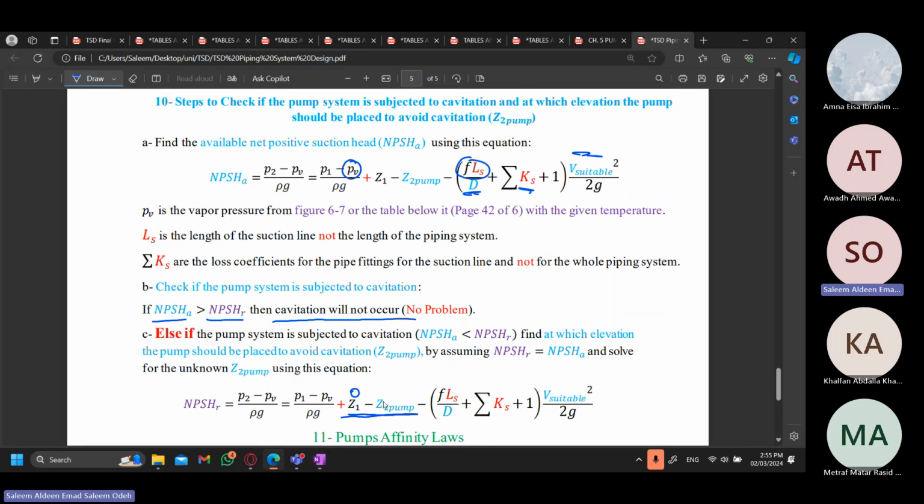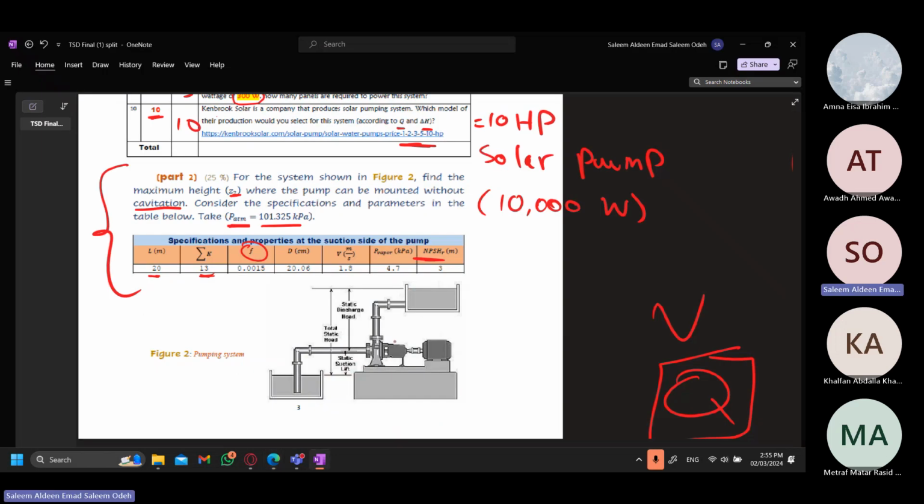Now, if you notice in this equation, they're giving you Ls and Ks. The S stands for suction because when you're calculating for cavitation, you don't care about anything after the pump, right? All you care about is the piping system from the beginning until it reaches the pump.